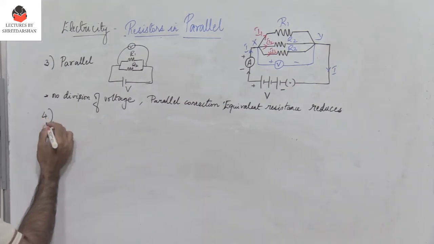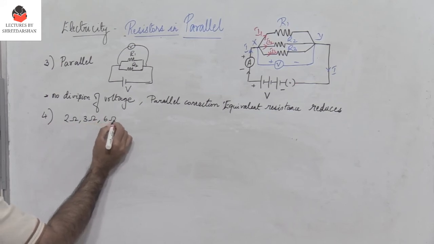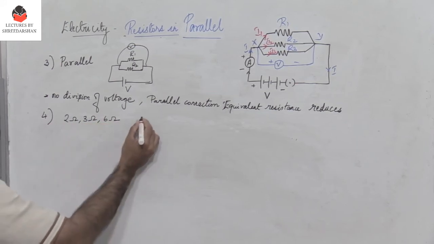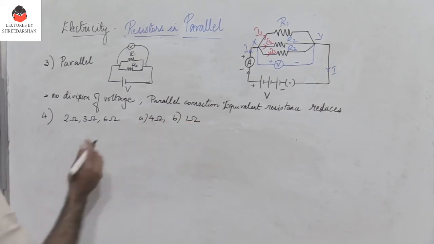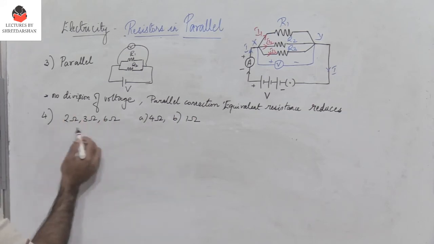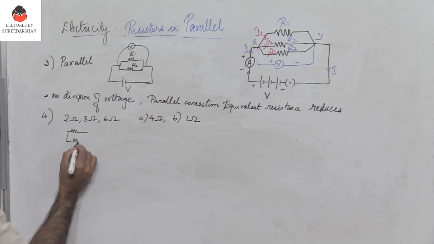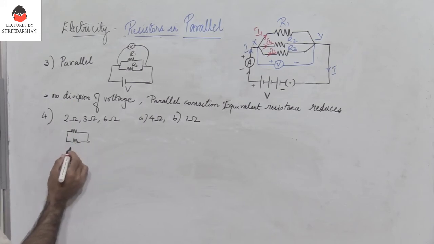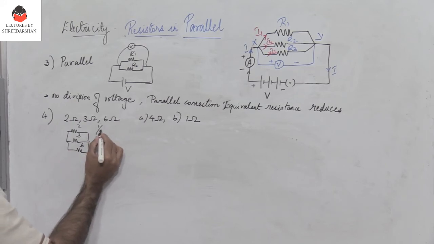Fourth one, how can 2 ohm, 3 ohm and 6 ohm be connected to give an equivalent resistance of 4 ohms and to give an equivalent resistance of 1 ohm? Part B is very simple. I need to get 1. That means all the three have to be connected in parallel, isn't it? So if I have 2, 3 and 6 connected in parallel, what is 1 by Rp?